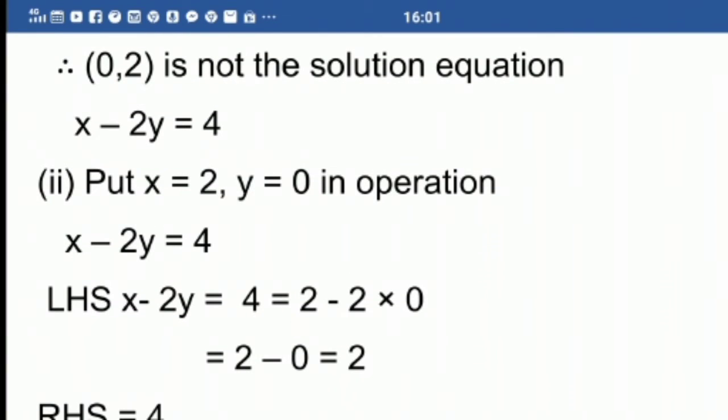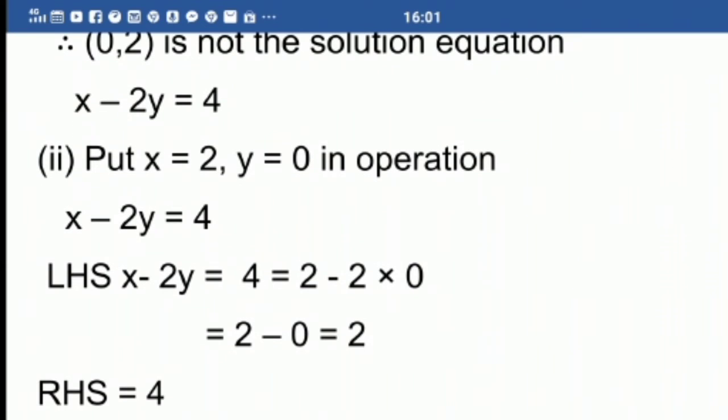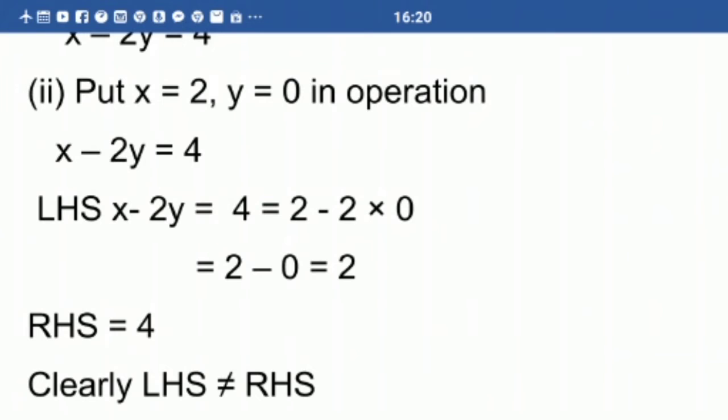So for the LHS, take x is equal to 2 and y is equal to 0. 2 minus 2 into 0. 2 into 0 is 0. So 2 minus 0 is 2.